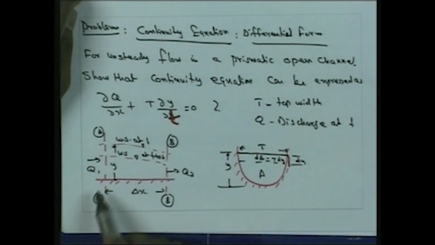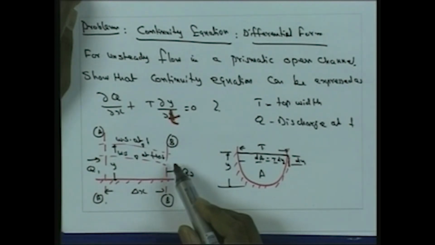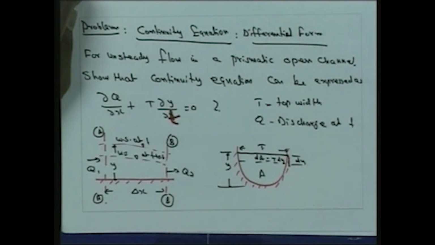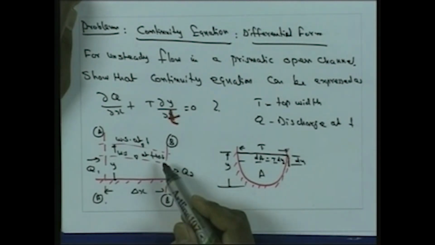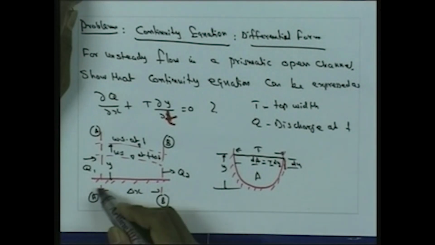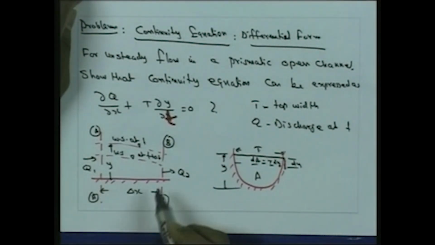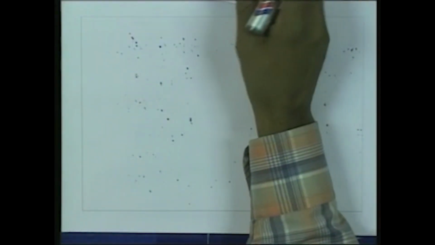Here the discharge entering at section AA is Q1 and the discharge passing through section BB is Q2, and at time t the depth of flow is y, and then it is changing at delta t, there is a change of flow, and now we are considering the section between AA and BB at distance delta x as shown in this figure.